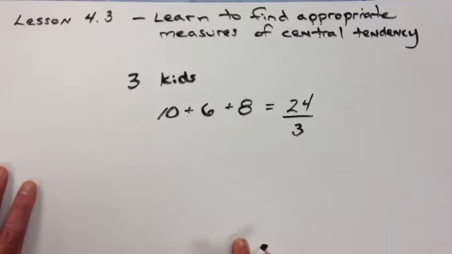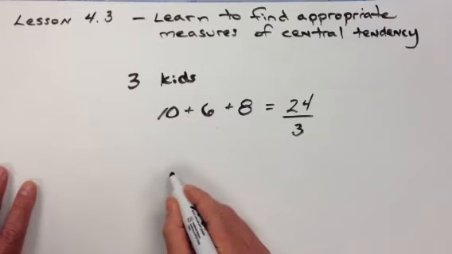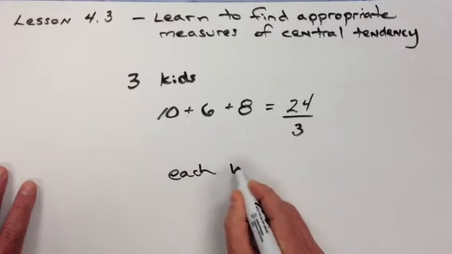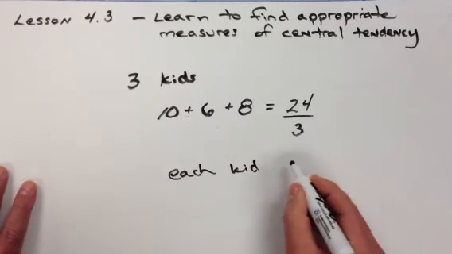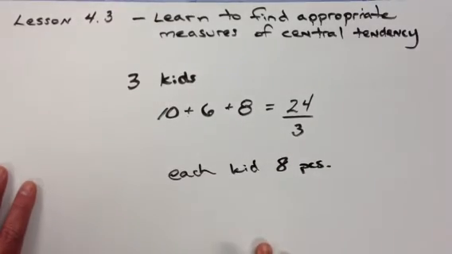So when they add all three up and divide by 3, each kid will get 8 pieces of candy. And so what they've actually done, by having this strategy, is they have found the mean of this data that they have collected.